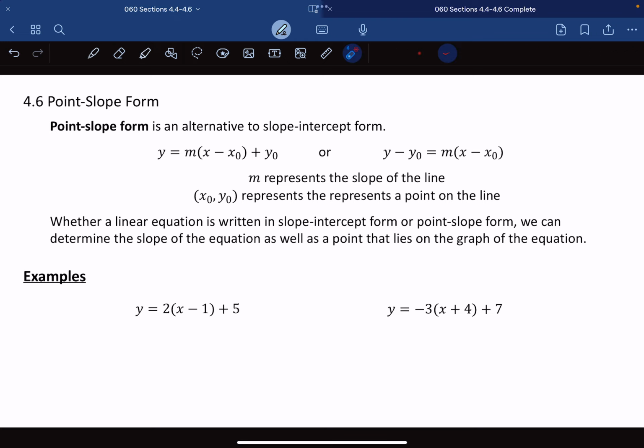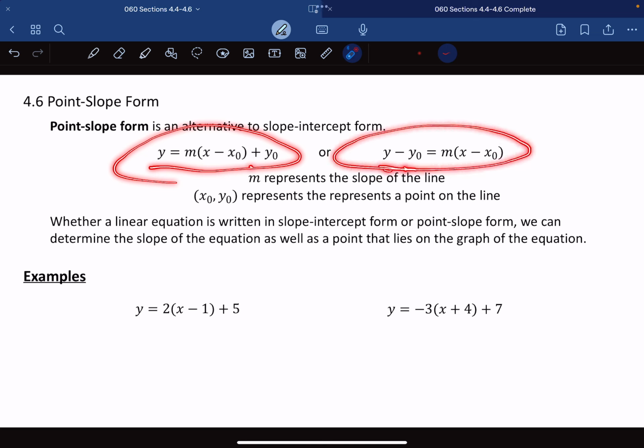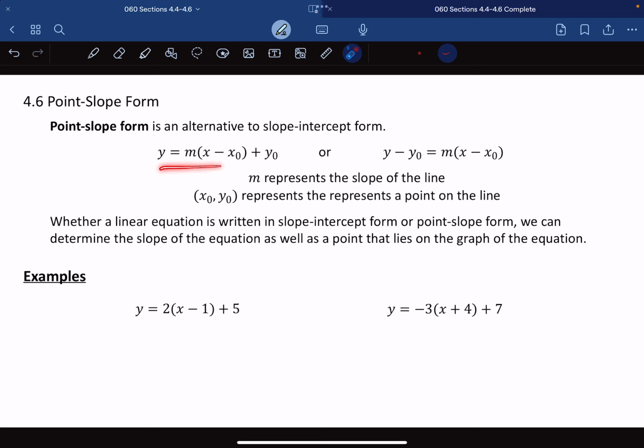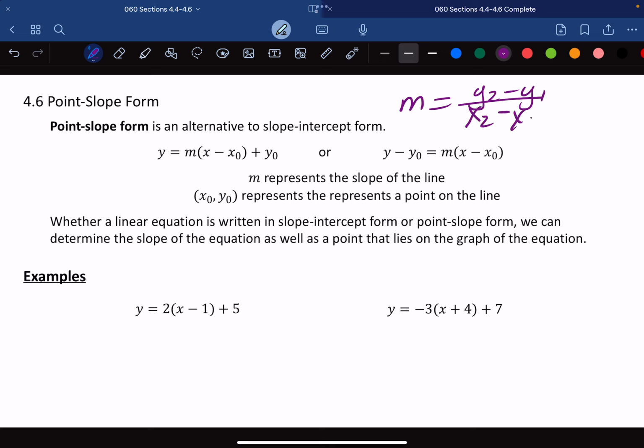With point-slope form, our book offers both of these versions of it. The one on the left is the one I use most often, and the one I've seen used most commonly. But both are derived from the slope formula. The slope formula is slope equals y2 minus y1 over x2 minus x1.